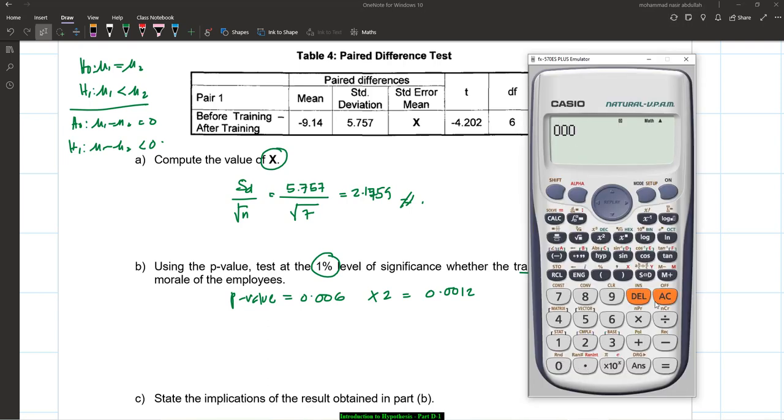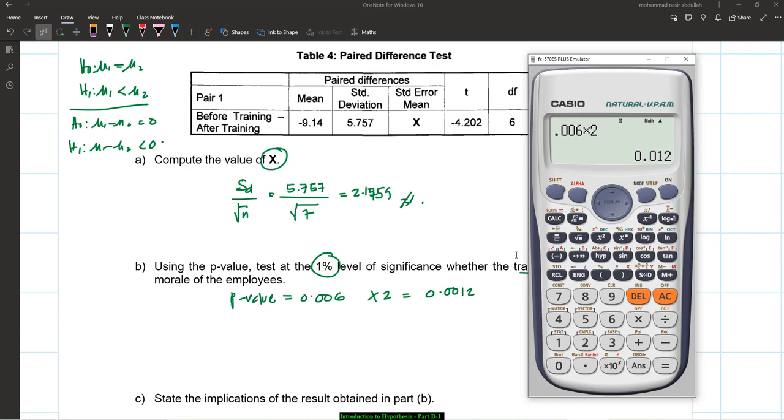0.0606, multiplied by 2, because we are doing a one-tail test. So it should be 0.012.